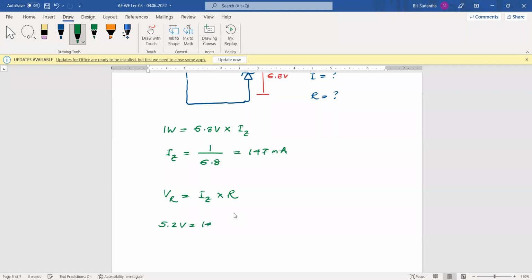IZ is 147 milliamperes. Then you can find R: 5.2 volts divided by 0.147 amperes. Then it's 35.3 ohms. Is it okay?